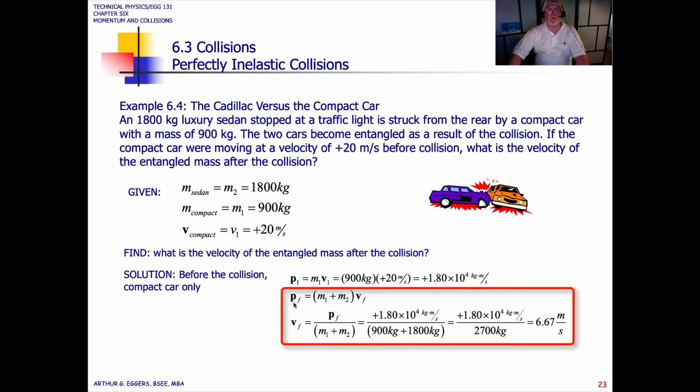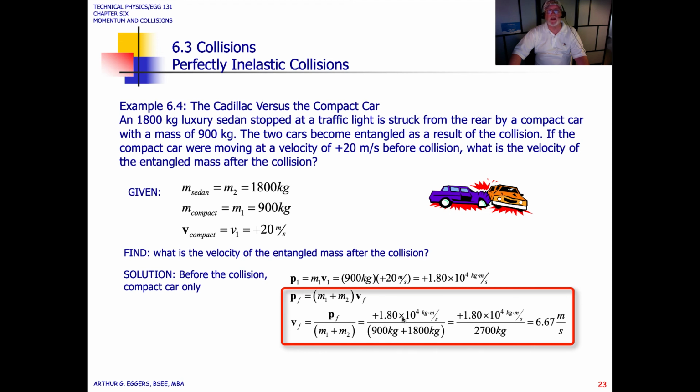So now the momentum final, we know, is the two masses, the two vehicles stuck together, times the velocity final. So we're able to solve for velocity final as P final over M1 plus M2.